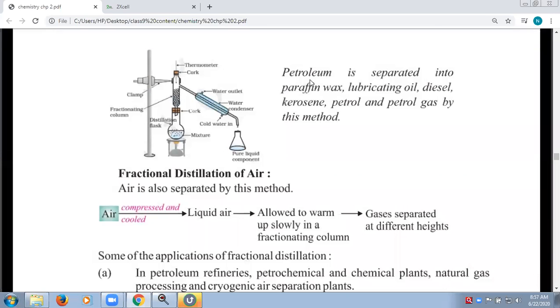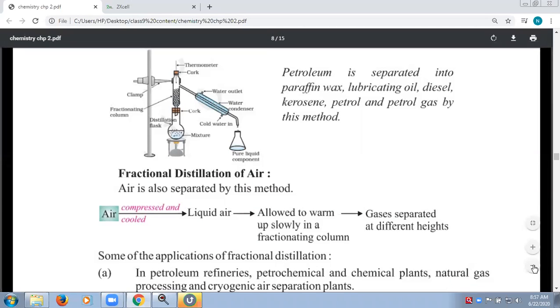Clear? Now many examples are there. One example that we all have to discuss is about air, how we obtain the different components of air. First, air is cooled and compressed, and gets converted into liquid air. Then it is allowed to warm up slowly in the fractionating column and gases separate at different heights.